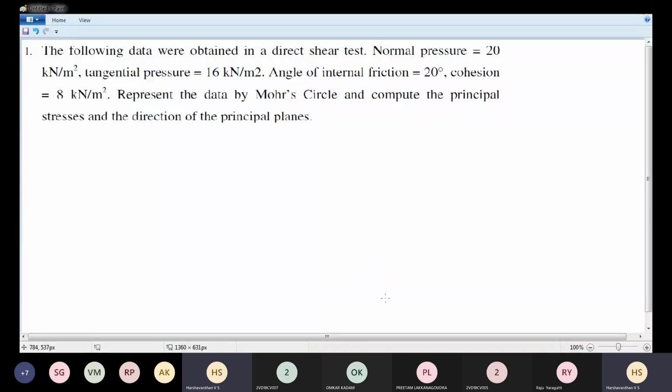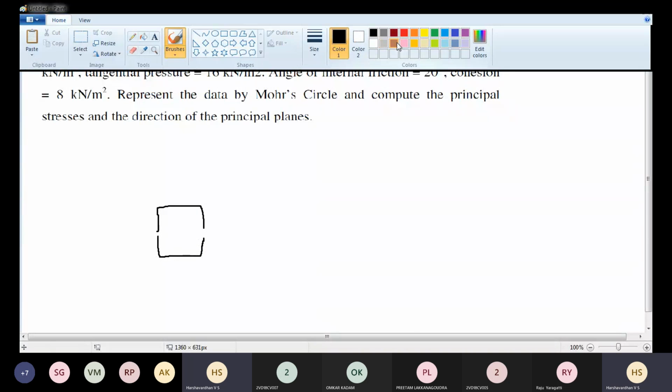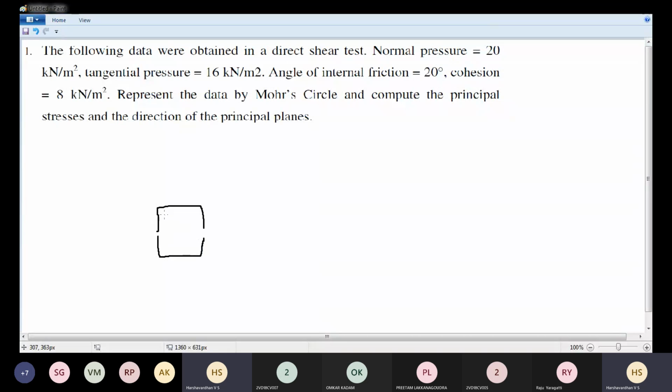Before I start the solution, I'll just explain the direct shear test. In the direct shear test, we have this shear box. Shear box has two parts, upper part and lower part. And the sample is housed inside shear box.